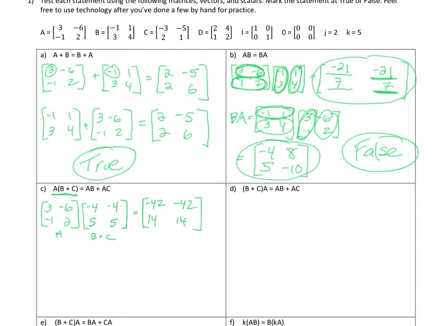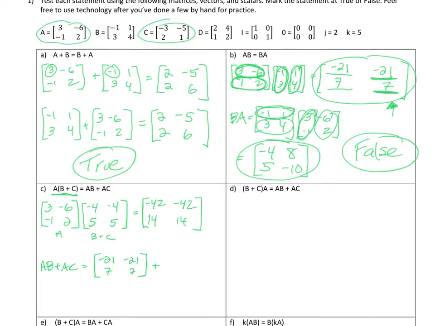Now I'm going to do AB plus AC. So A times B we've done already. It's this matrix right up here. So AB plus AC is going to be, AB is -21, -21, 7, 7, plus A times C. I'm just going to do this in my head right here.